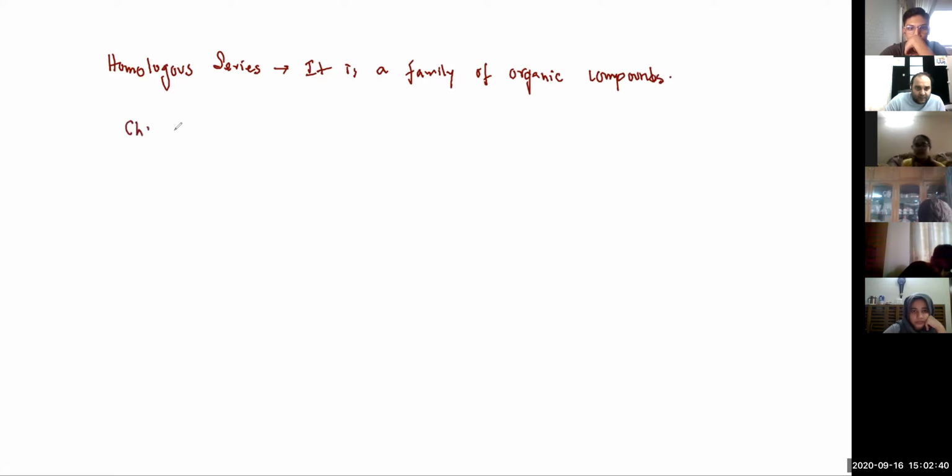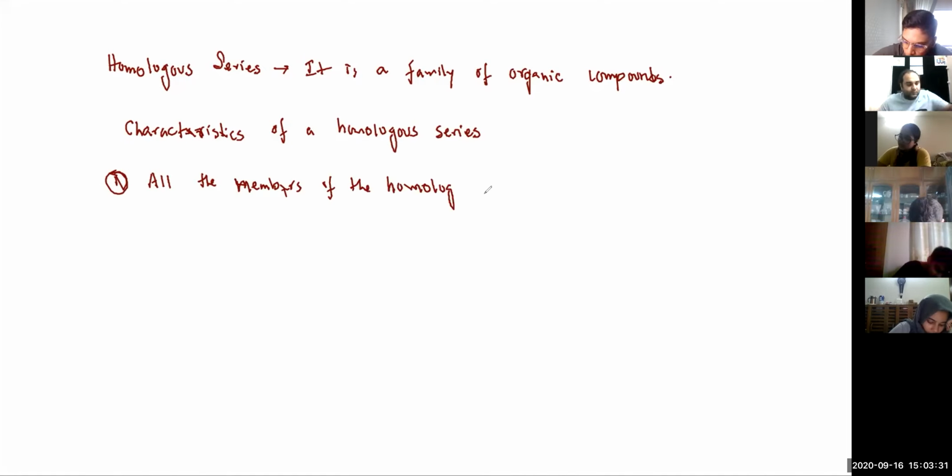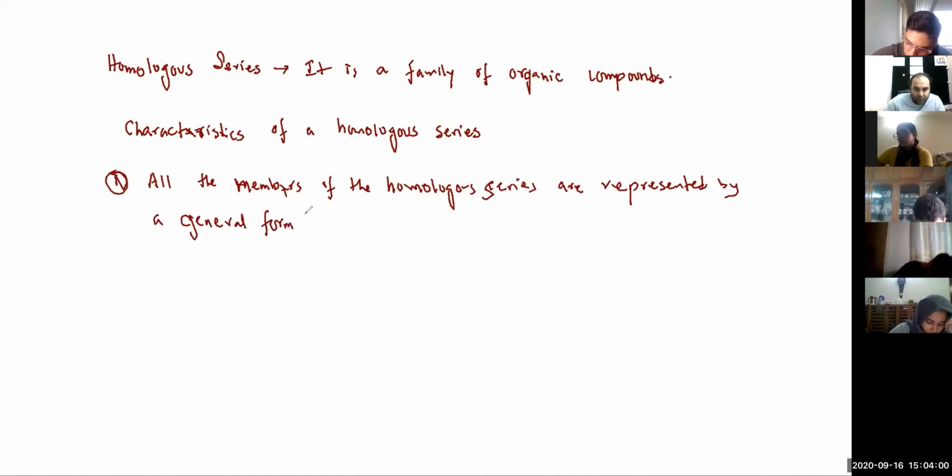Characteristics of a homologous series. Number 1. All the members of the homologous series are represented by a general formula.